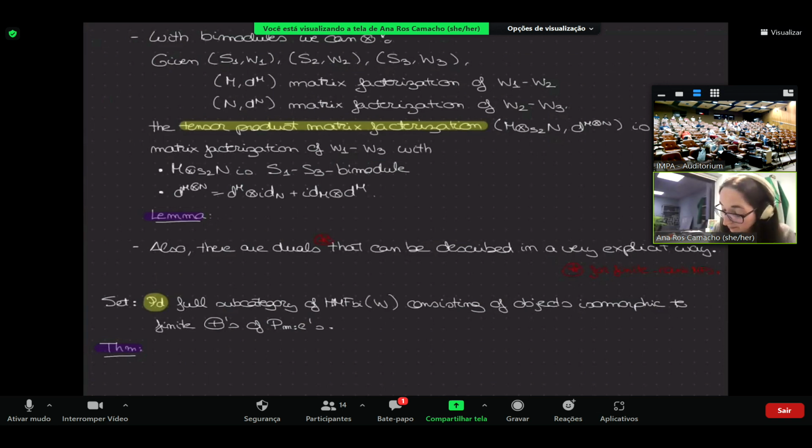So for the case, as I was mentioning before, this category HMFBI, if I have W2, actually it would be W3, the same potential, HMFBI is monoidal. And I should say that the structure of these categories has been studied at length.